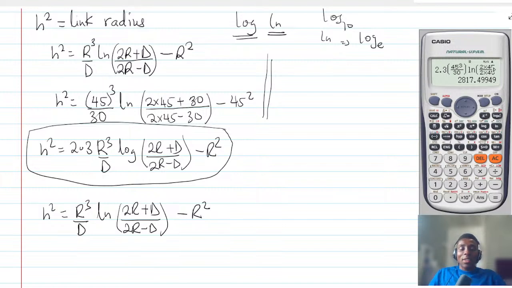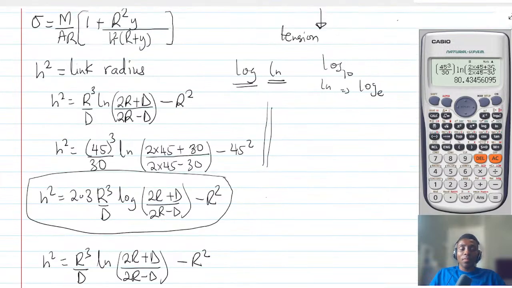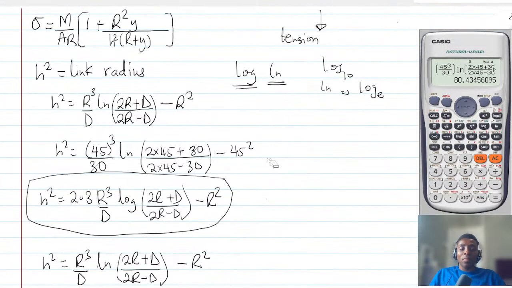So I am not supposed to add the 2.3 in front. The actual answer is 80.435.